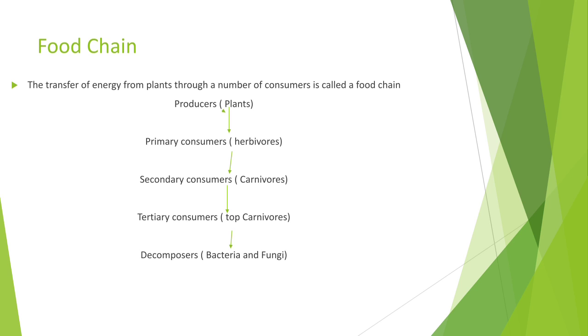That means the animals need food, so they get the energy from the plants, because some of the animals eat plants as food. Depending on the food the animal takes, the energy is transferred from one consumer to another consumer.